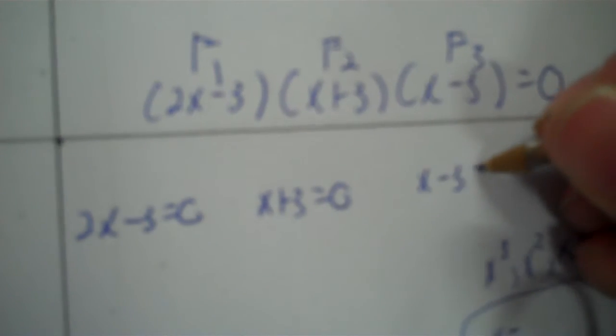F1, F2, F3. So 2x minus 3 could equal 0. X plus 3 could equal 0. X minus 3 could equal 0. So 2x equals 3. Divide by 2. 3 divided by 2 is 1.5.